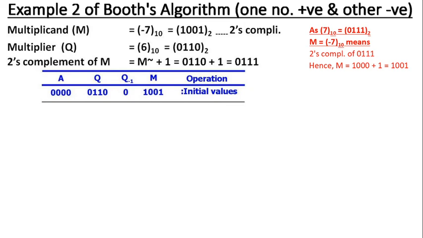Then register Q is 6 decimal, which is equal to 0110 written above. So it is simply copied. Q minus 1, as per the flowchart, its initial value is equal to 0. And then the M is to be written in the 4th column. M in the first line itself is minus 7, which is equal to 1001. So 1001 is written here, M.